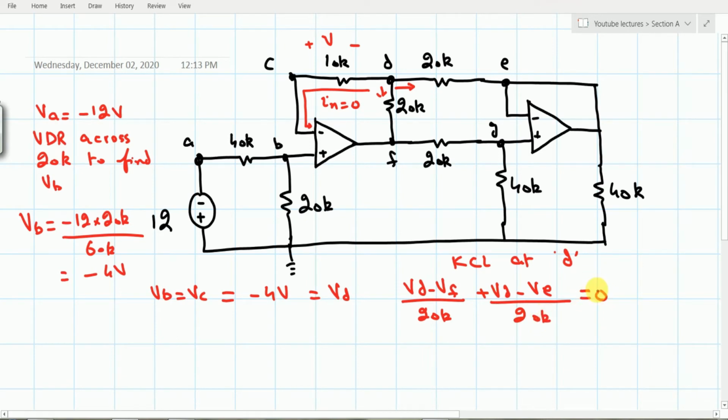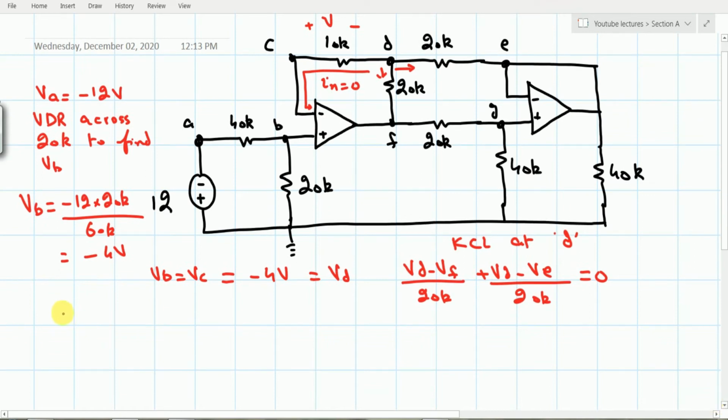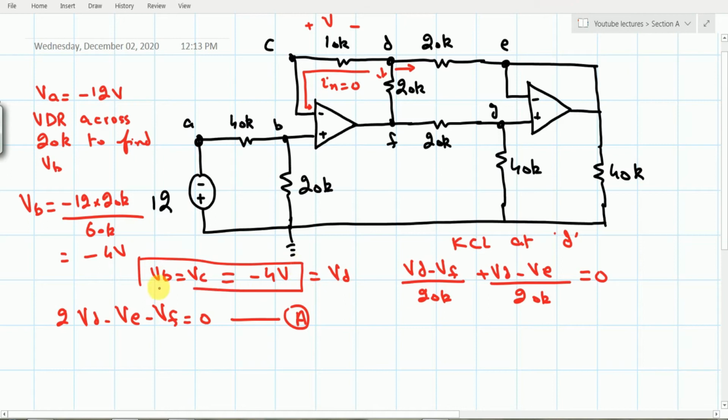If I expand this equation, I have 2 times VD minus VE minus VF equal to 0. Let me call this equation number A, and let me call this whole section equation number 1.